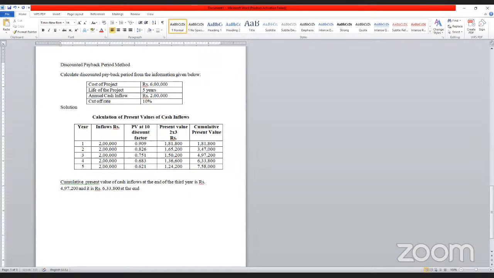Hence, the discounted payback period falls in between 3 and 4 years.